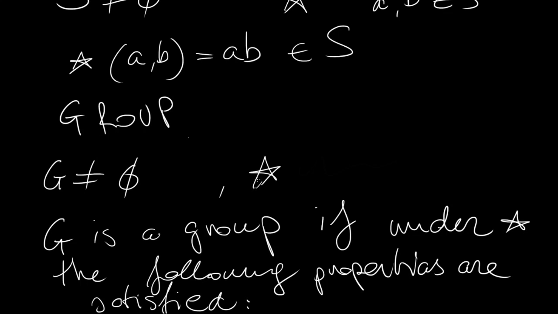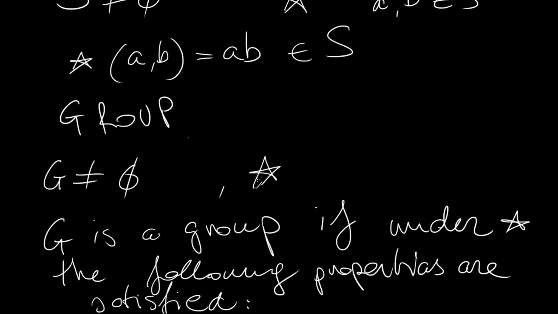Sometimes I hear questions like, is the set of real numbers a group? Well, this question is not complete. It is missing the last part. It doesn't make sense. What makes sense is: is the set of real numbers under multiplication a group? This makes sense.